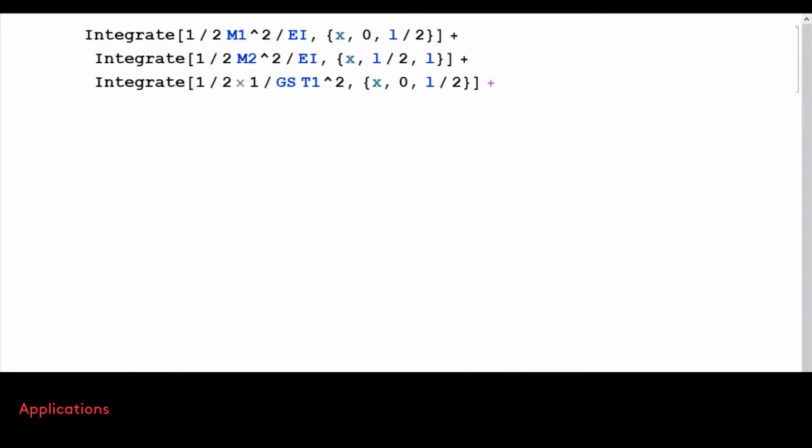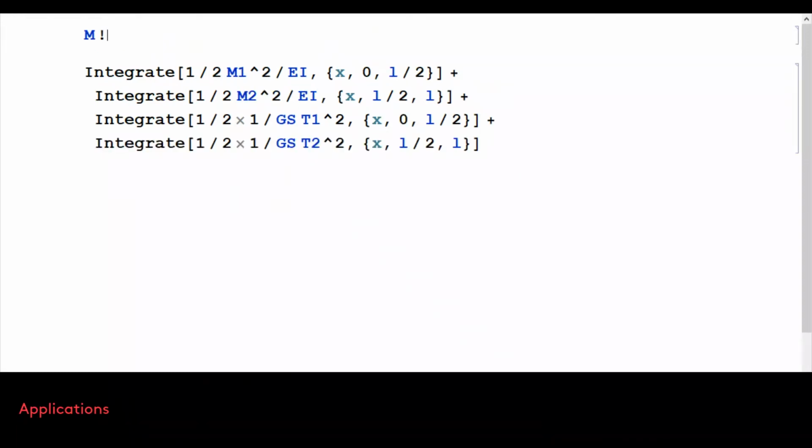Now I will have the last part, T2, from L over 2 to L. So these are my strain energy, but first I need to define the M1.